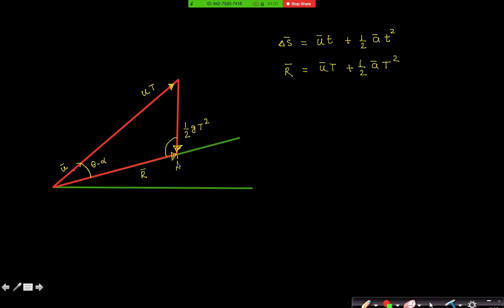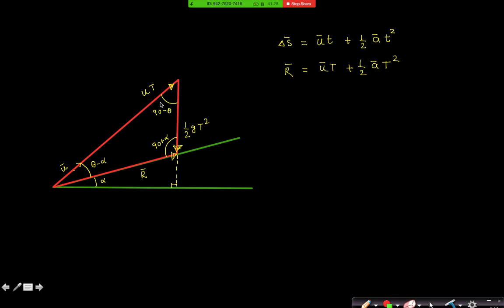Look, if I drop a perpendicular from there, then this is 90 degree and this is alpha, right? So this is the external angle of this triangle, so it is 90 plus alpha or not? Similarly, can you find this one? 90 minus theta.